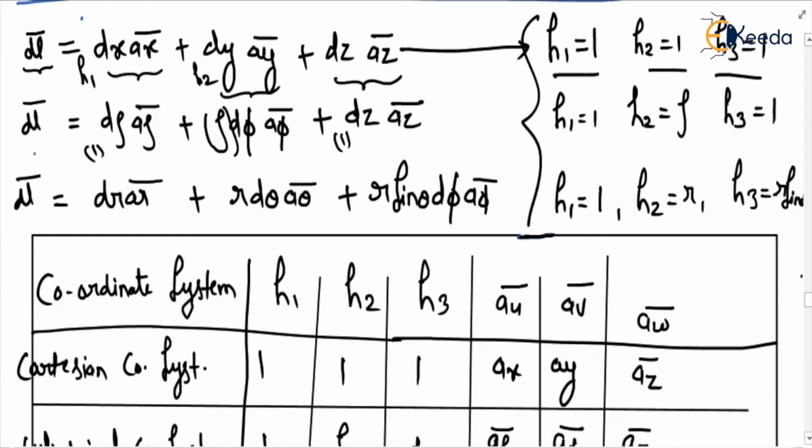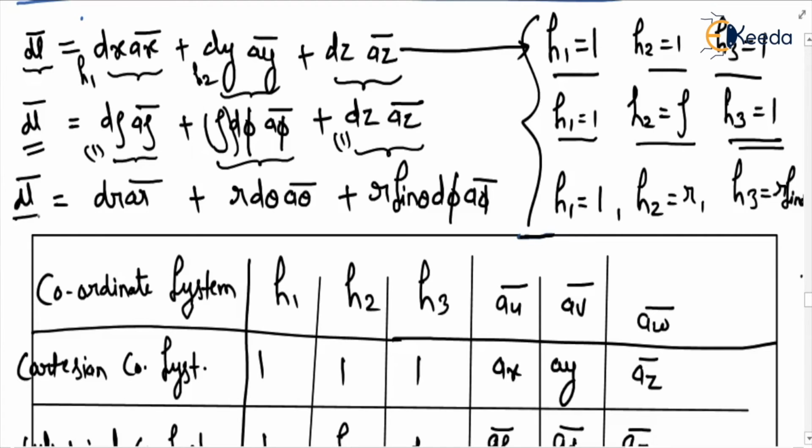In the cylindrical coordinate system, dl vector is d rho a rho plus rho d phi a phi plus dz az. So H1 is 1, H2 is rho, and H3 is 1.